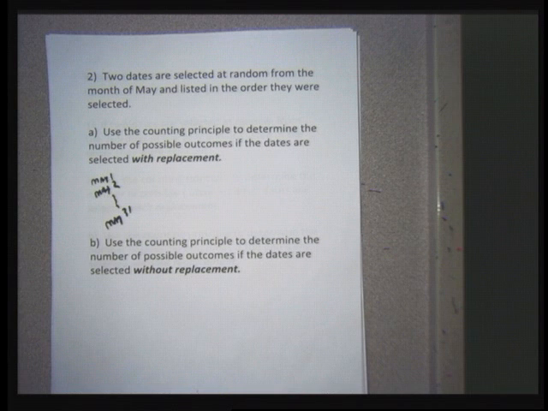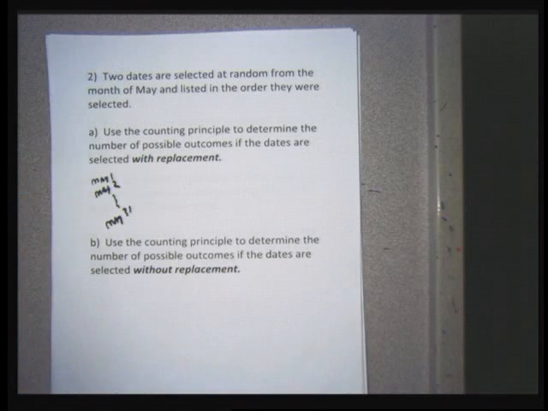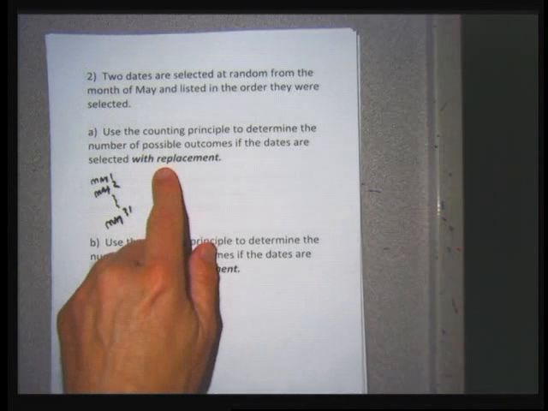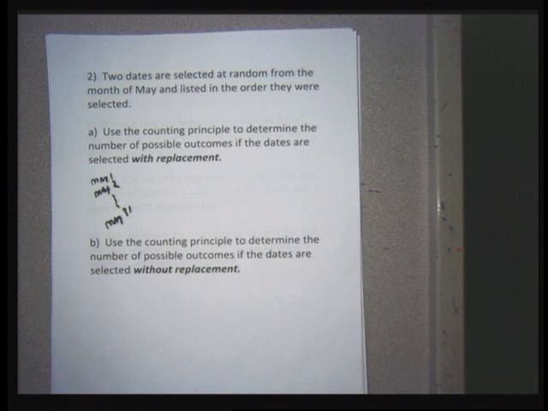And what I'm going to do is select 2 dates at random. So I'm going to select 1 date, and in part A, I'm going to put the date back, and then I'm going to select a 2nd date. The counting principle is going to tell me how many possible outcomes. The first experiment is picking the 1st date. The 2nd experiment is picking the 2nd date.